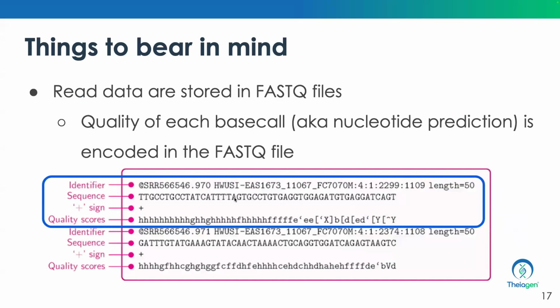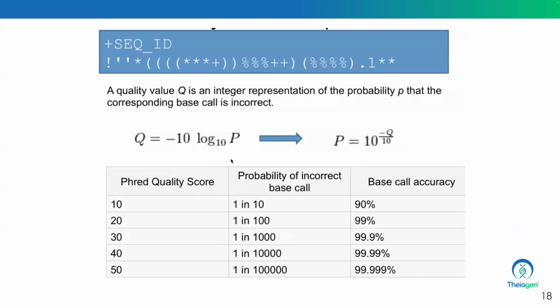And as I mentioned, for each sequence base, you have the associated quality. What we also want to talk about here is the Phred score, which is the probability that a base is called incorrectly, as is shown with this formula here.